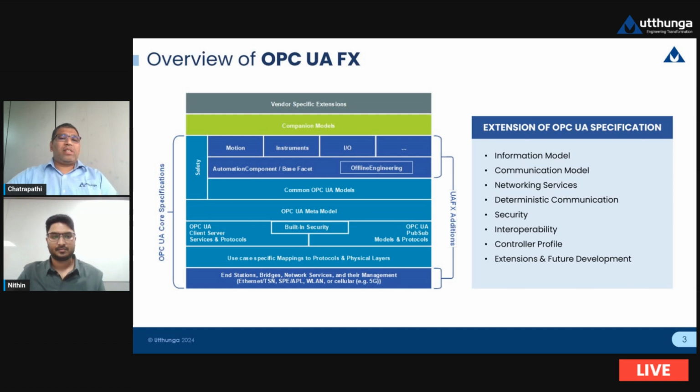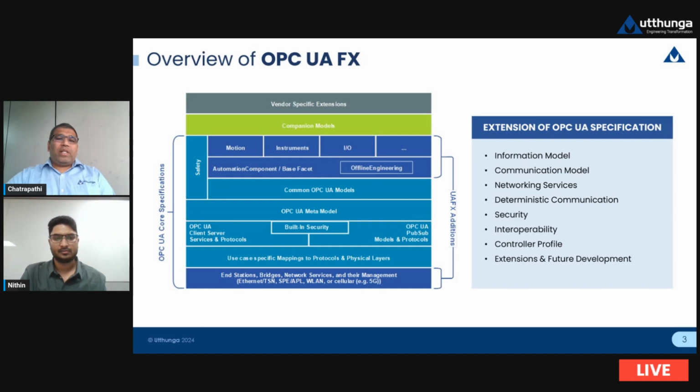These extensions help in adapting OPC UA into the lower levels where different communication models can be achieved in terms of machine to machine communications, controller to compute or between controllers, and even to the lower level where a controller can speak to devices as well.